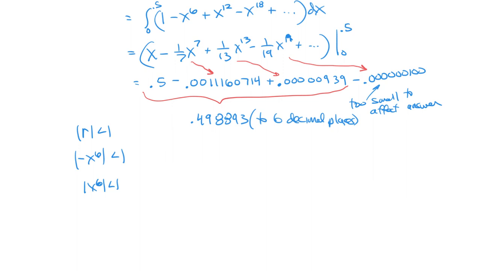We can factor out that negative 1. Take the 6th root, and you're basically going to get this, which means x has to be between negative 1 and 1, and it is because our integral goes from 0 to 0.5, right? Our integral goes from 0 to 0.5, so we're okay there.